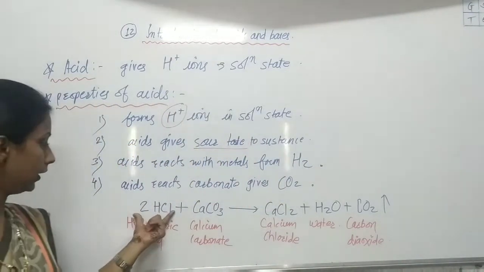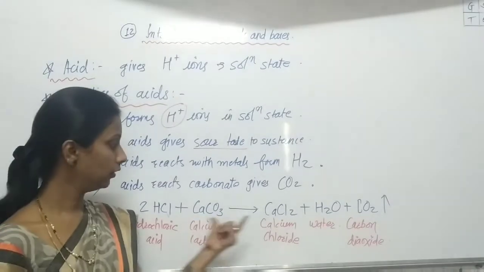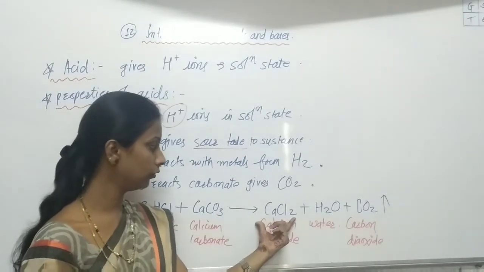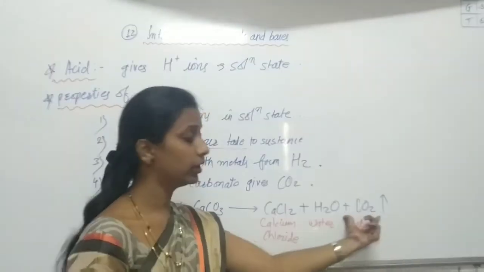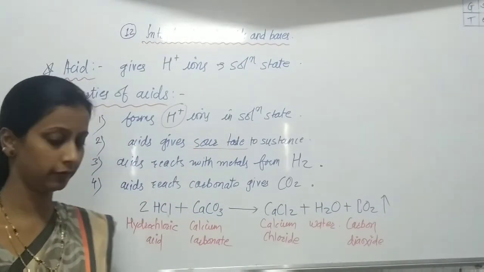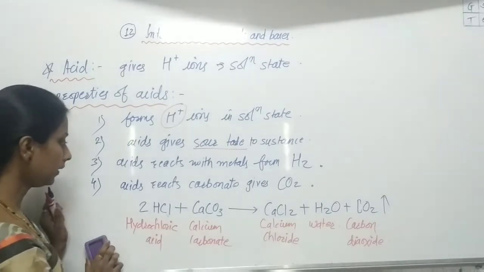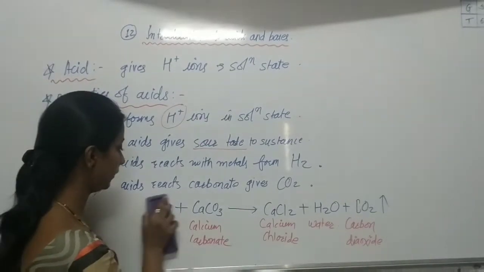Okay, when 2HCl reacts with CaCO3, it forms CaCl2, calcium chloride, also gives water molecule, and carbon dioxide gas is released in this reaction. This is the fourth property of acid.